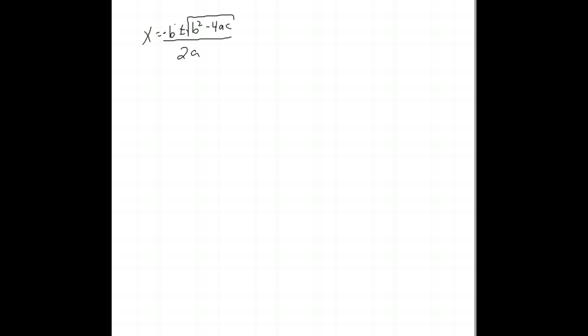And we could plug our numbers in and find out the number of roots that we had. But there's a quicker way of finding out how many roots we have without actually having to find out what they are. So again, this formula would tell you what your roots are.